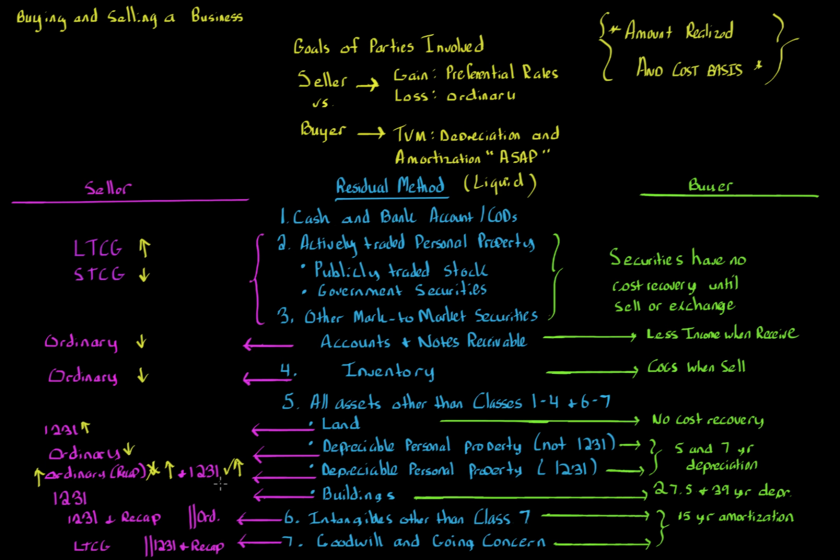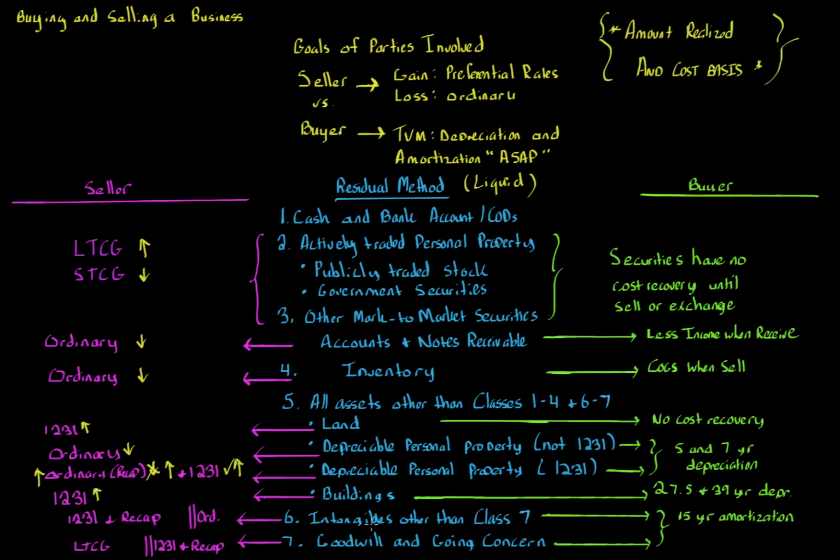So it really depends on how much depreciation was taken and how much the gain is. But generally speaking, we want to actually value that higher because when you compare it to the ordinary and the short-term capital gain items, it's way better benefit. The buildings generally create 1231. So just like the land, we want to value that as high as possible.